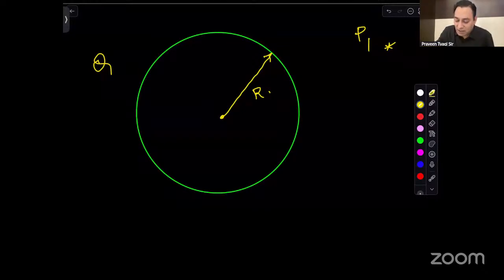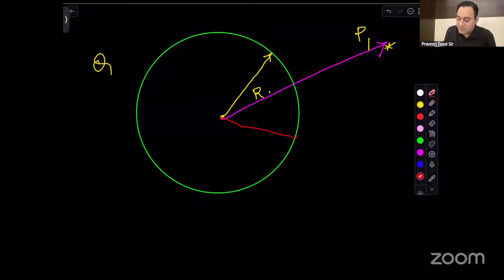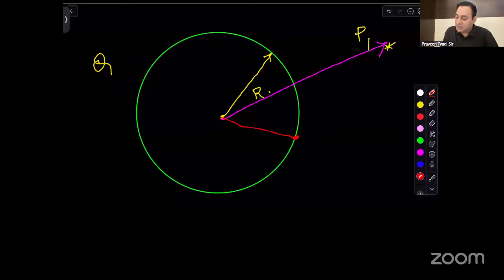One is outside the shell. This is one point which is outside the shell. It can be anywhere from R to infinity. There is a second point which is on the surface. There is a third point which is inside it. Suppose this is x1, this is x, this is r, obviously the radius, and this is x2.